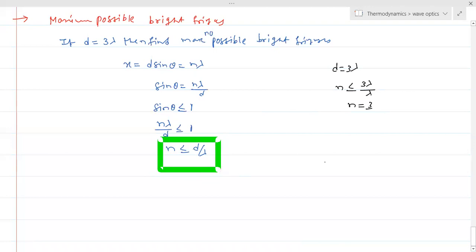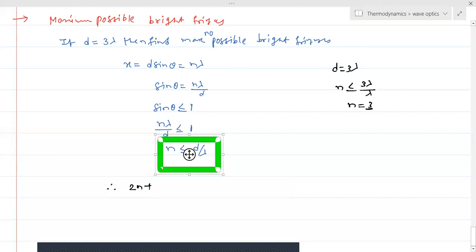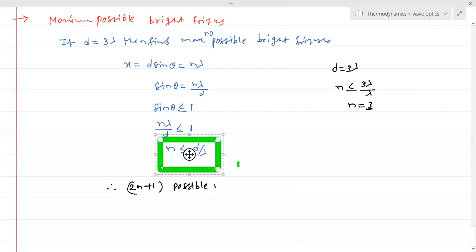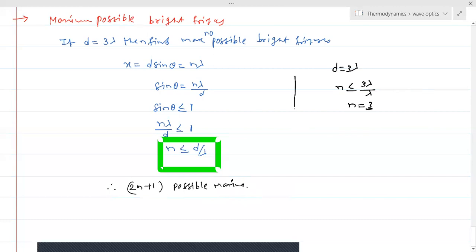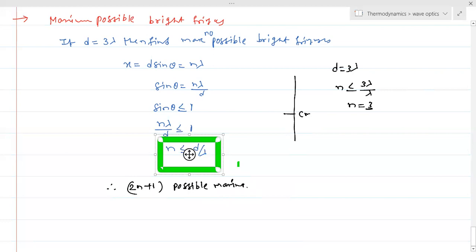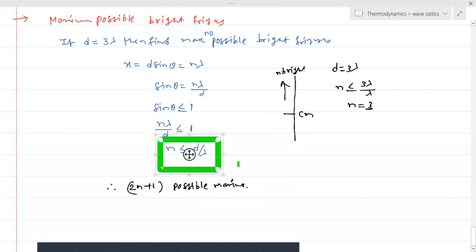Therefore we have 2n plus 1 possible maximums. Why? Because we have the central maximum, n bright fringes on one side, and n bright fringes on the downside as well.